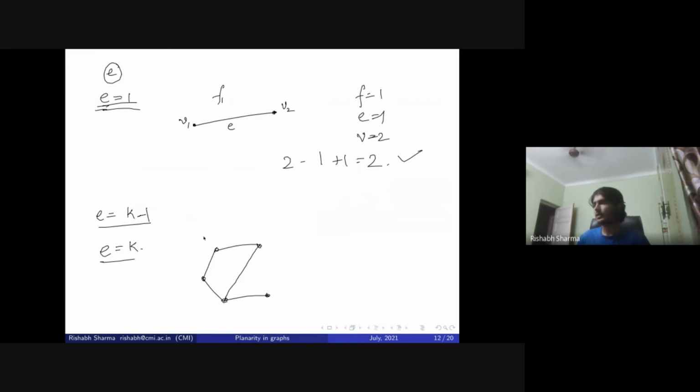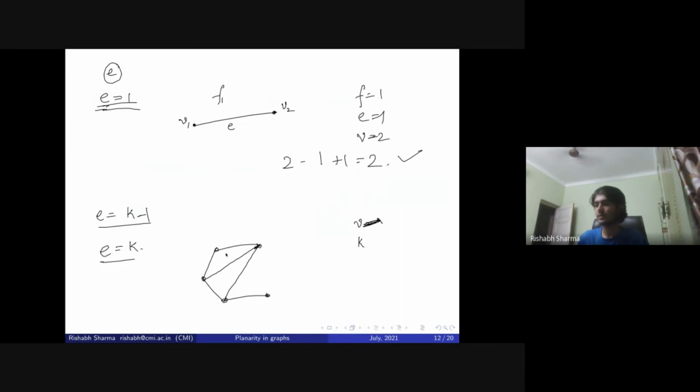Suppose that adding this edge makes the graph that I want. Then what did adding this edge do? It did not change the number of vertices. I did not introduce any new vertex. So the vertices remain the same. The number of edges increased to K, and the number of faces also increased by 1.